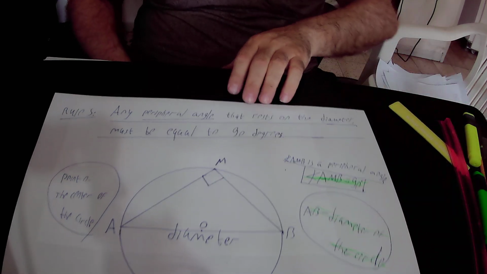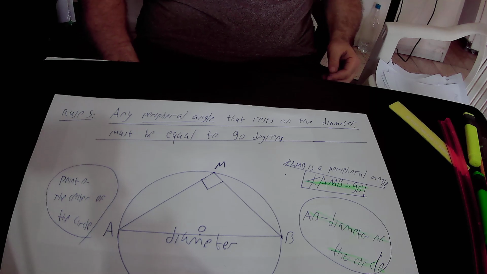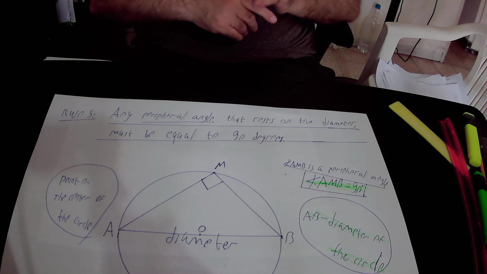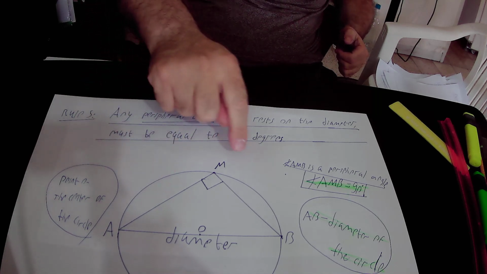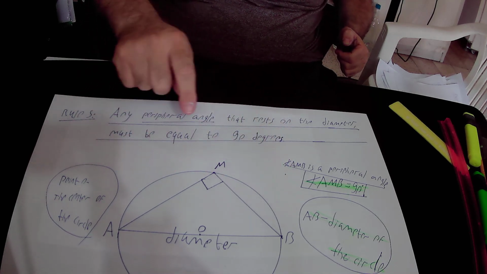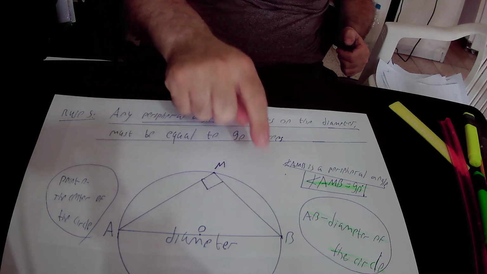According to rule number 5, any peripheral angle that rests on the diameter of the circle must be equal to 90 degrees. So here we have peripheral angle AMB, and this peripheral angle rests on AB, that is the diameter of the circle.